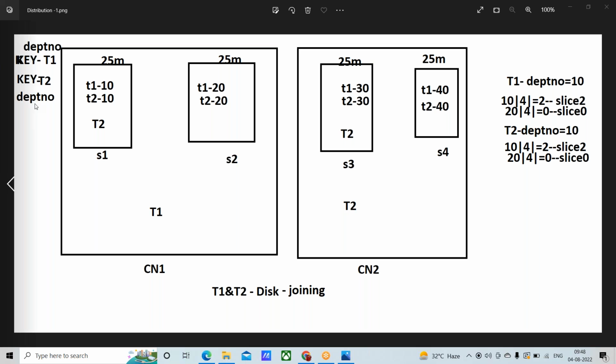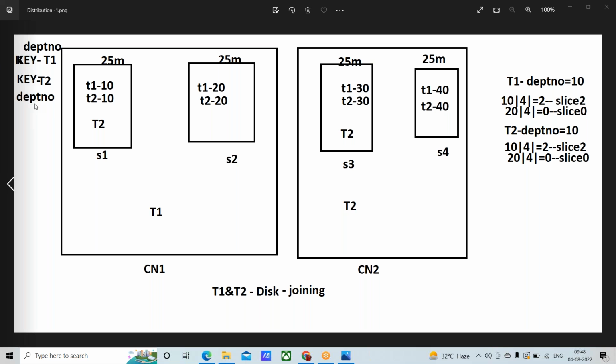Now I will say that all the employees should go to rooms based on department. How many employees are there? 50,000. So all the employees go to rooms department wise.